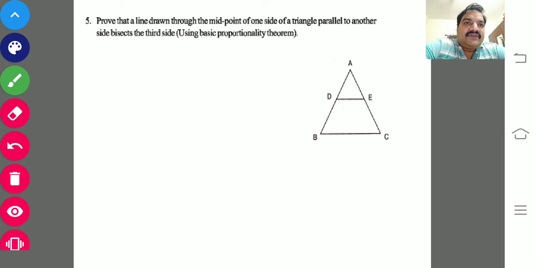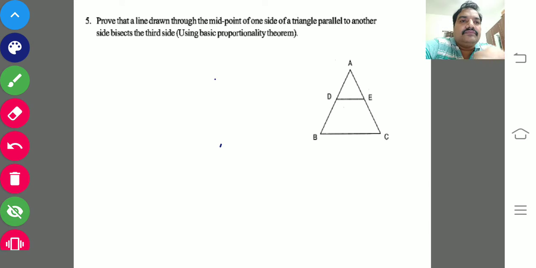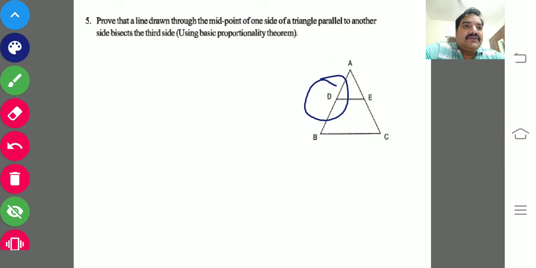So here it is clearly given that the line is drawn through the midpoint of one side of a triangle. So here D is a midpoint of the particular side AB.